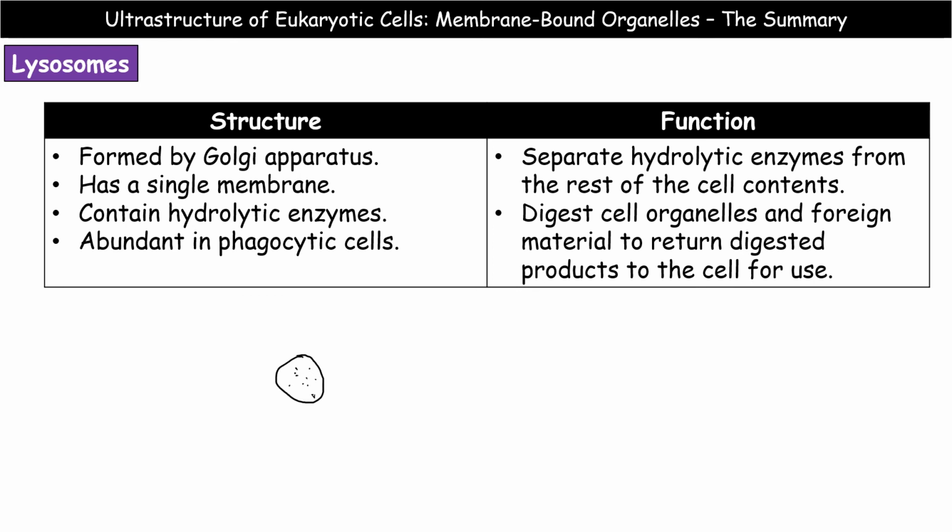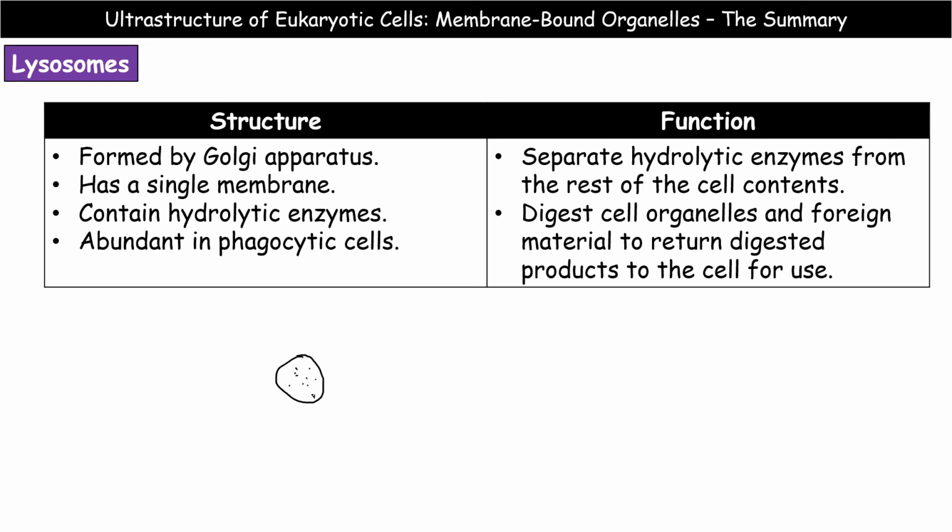In terms of why they exist, well, hydrolytic enzymes are actually quite powerful digestive enzymes. Now, we use these enzymes in order to break down sort of old organelles within the cell, any foreign material they encounter, the whole purpose being that we can then repurpose the bits that made those up for the cell to use in future constructions.